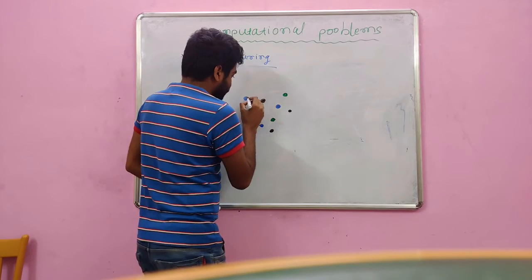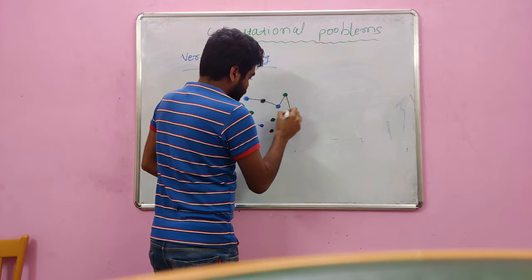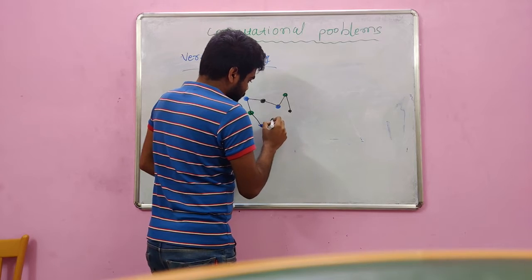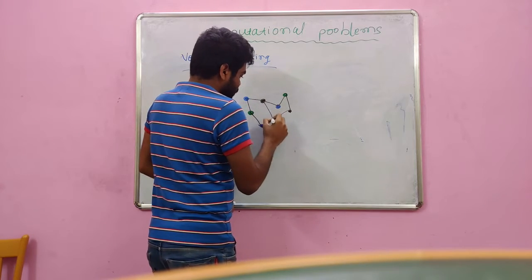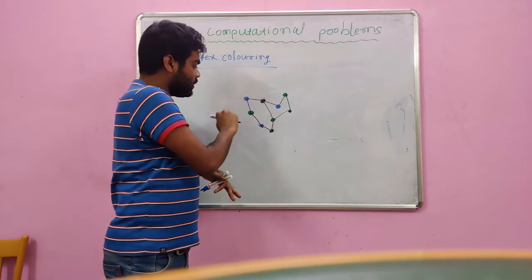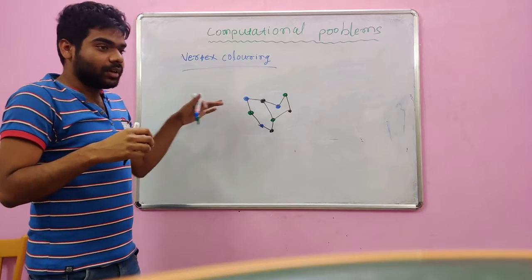This is my graph. In vertex coloring, the one important thing is that no two adjacent vertices will be of the same color. This is the specialty of vertex coloring.